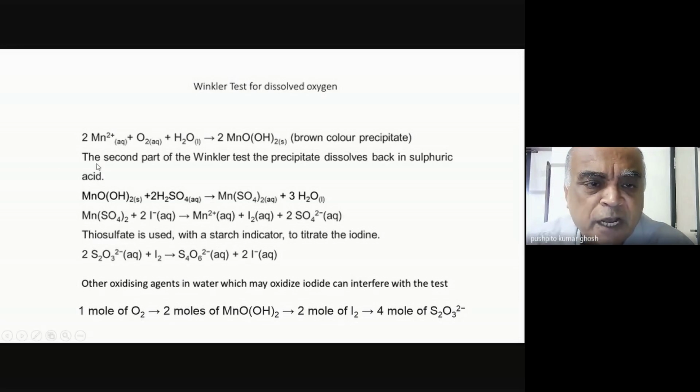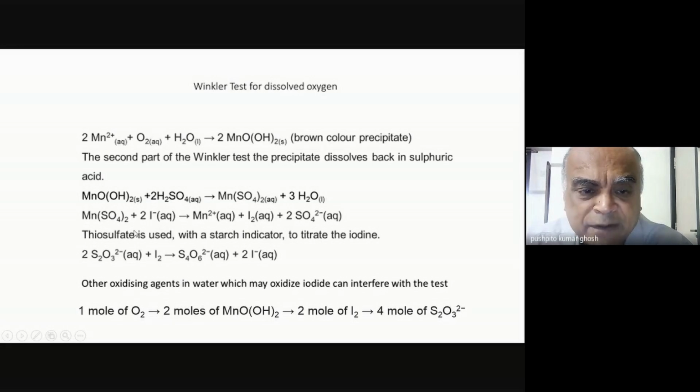I put in Mn2+, and in the presence of oxygen that will give me a manganese 4+ compound, which is manganese oxyhydroxide, a brown colored precipitate. Then I can separate it out and redissolve it in sulfuric acid, and that will form MnSO4 twice. So it's still manganese 4+, and then I can do an iodometric titration and see how much iodine I required.